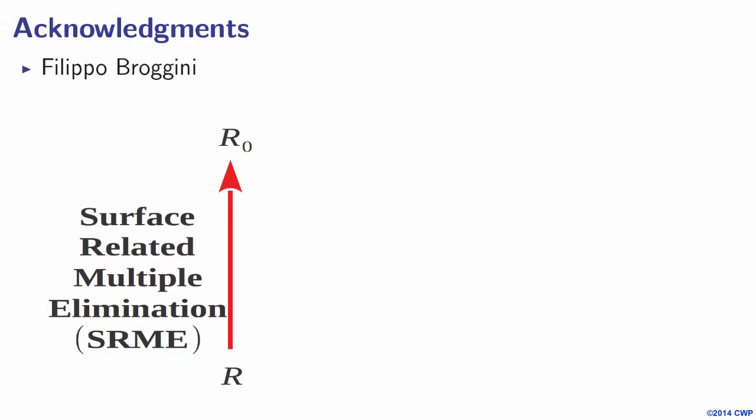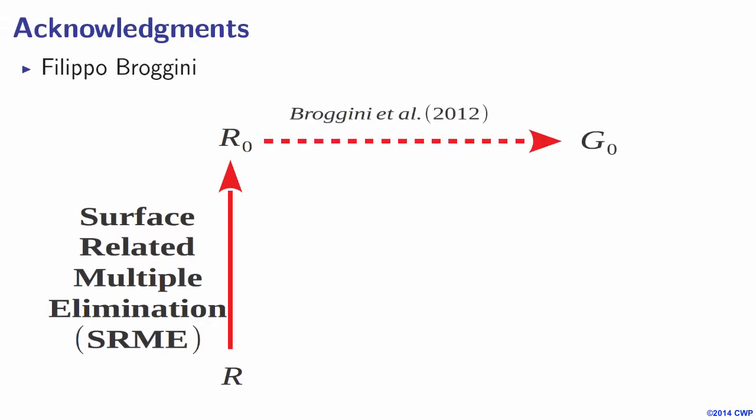We do SRME, surface related multiple elimination. We get R0, and then we apply Filippo's autofocusing algorithm. So we go from R0 to G0, and this G0 includes primaries and internal multiples. Now, this is just a 1D equation here, but we can go exactly from G0 to G.